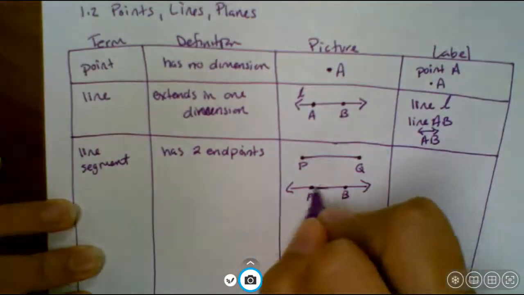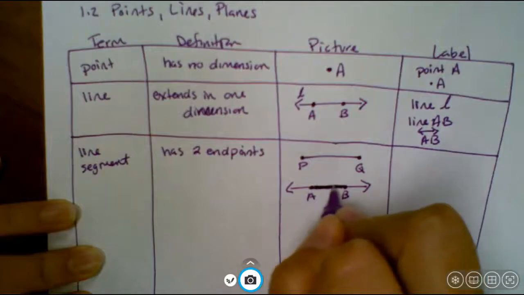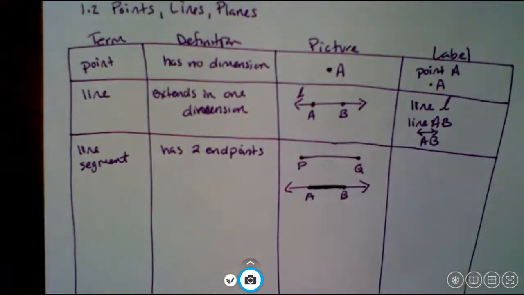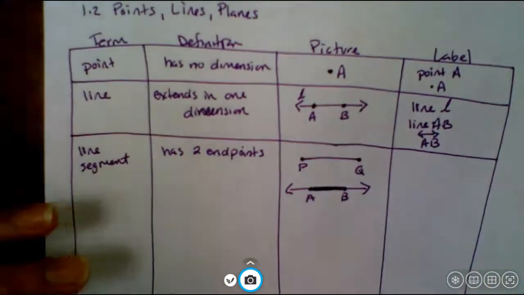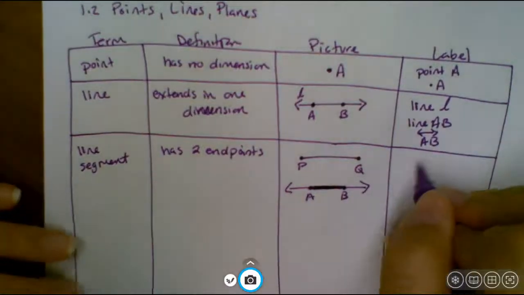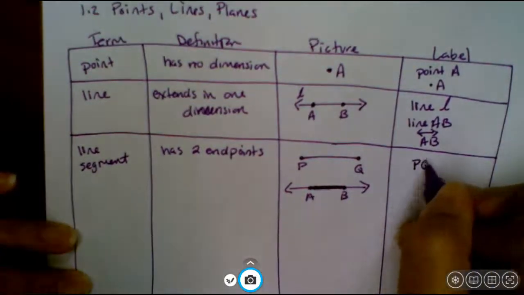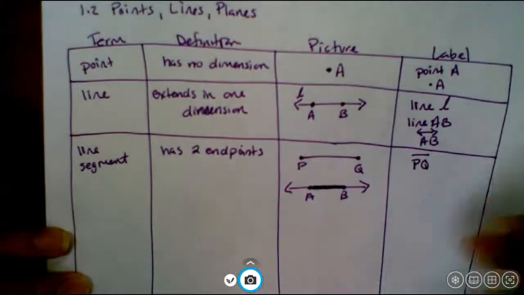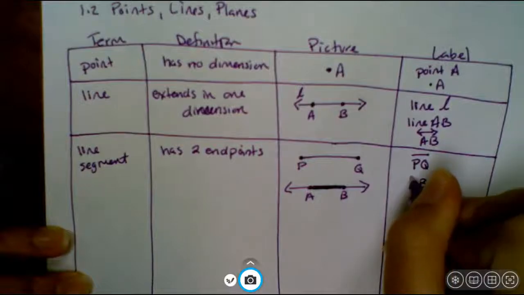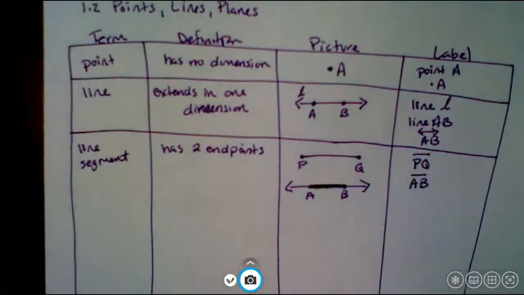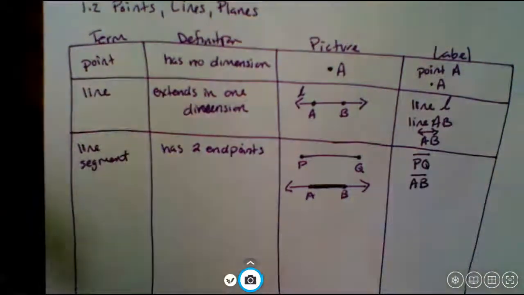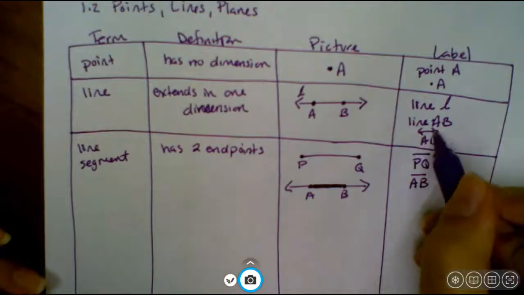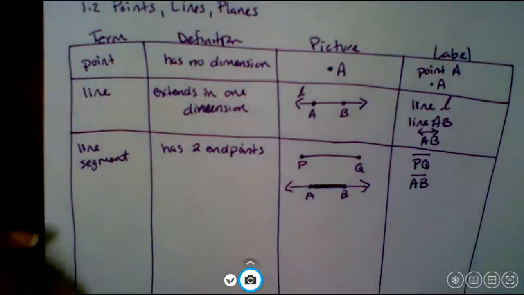So AB, just this guy, if we just pull this chunk, that would be a line segment. So that's where it's really important to label, because when we come over here and label, we're going to have PQ as a line segment. There's no arrows. Or we can have line segment AB with just a segment above it. So it's a line segment. We know it has endpoints. Where if we look at AB right above that, it has arrows, so we know it's a line.